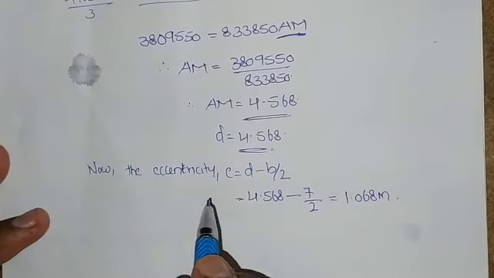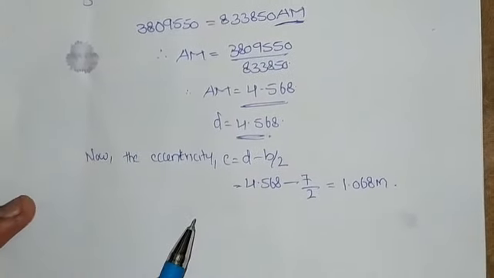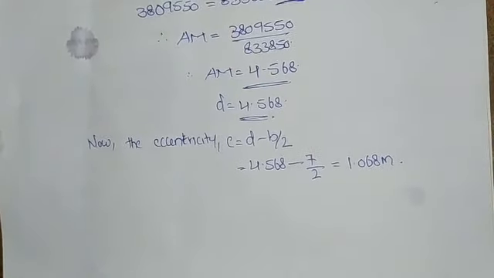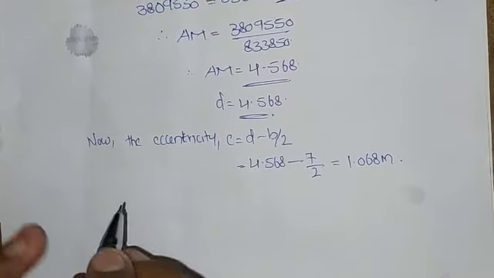Now we have calculated the AM value, d value and everything. Now we have to calculate the sigma max and sigma minimum values.